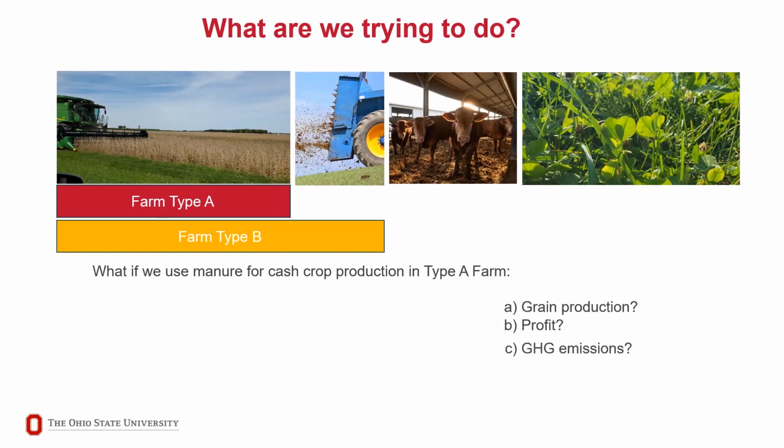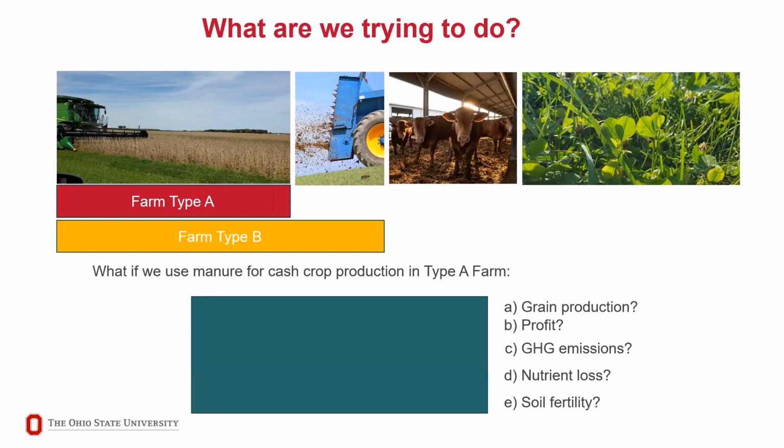What is the impact on the GHG emissions? And also, what is the impact on the nutrient loss as well as the soil fertility? These kinds of things we can predict or estimate using the model.